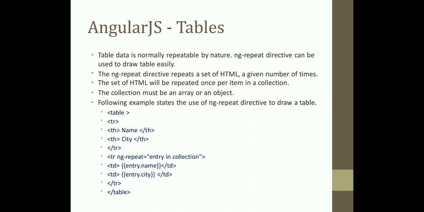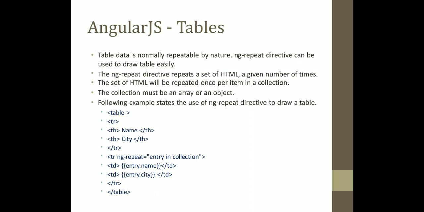Okay, in AngularJS the directive for using table or to display table we use is ng-repeat. Here ng stands for Angular. The directives also we have seen in the last session. The ng-repeat directive repeats a set of HTML a given number of times.